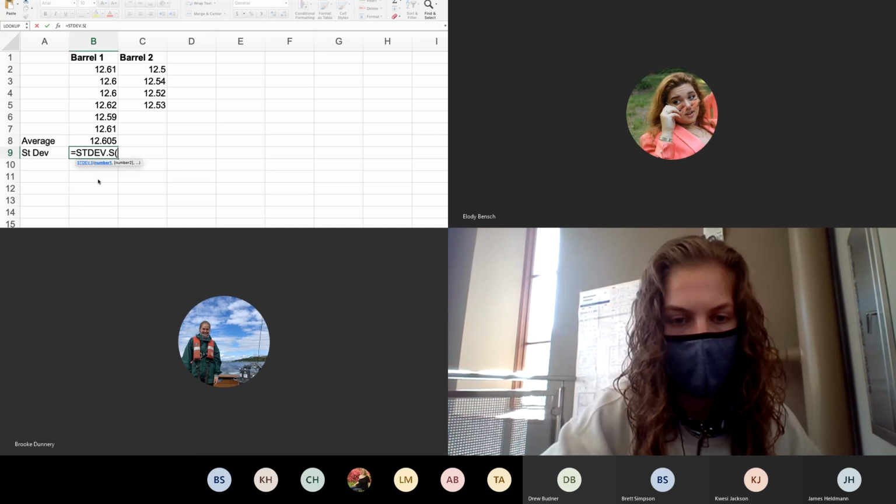So the two ethanol contents are considered to be statistically different at the 95% level.